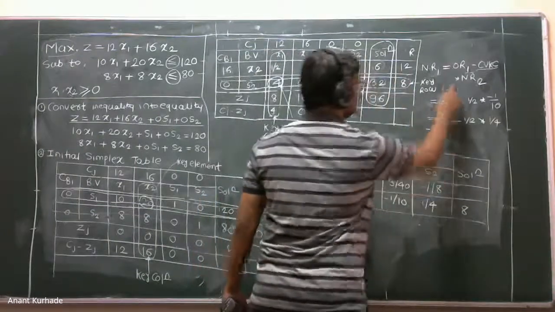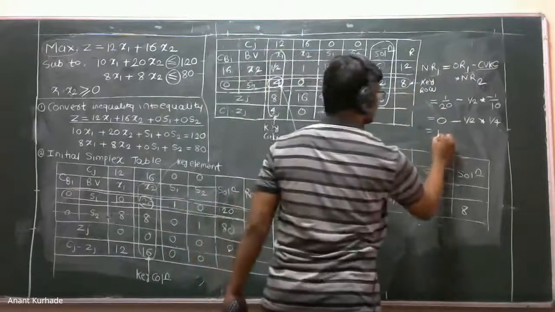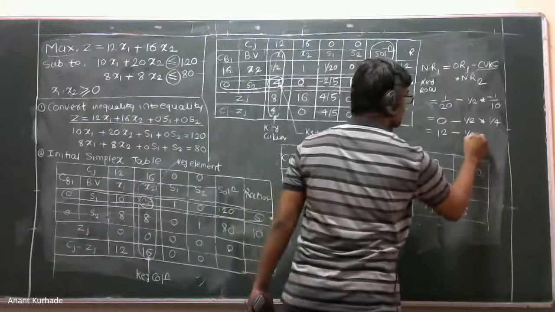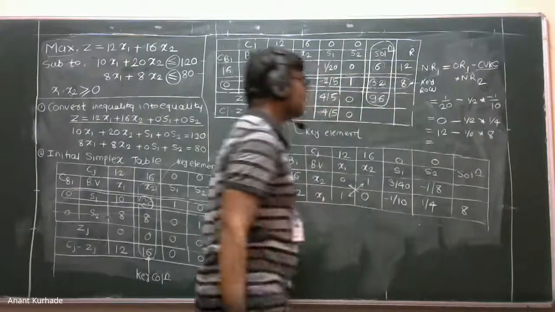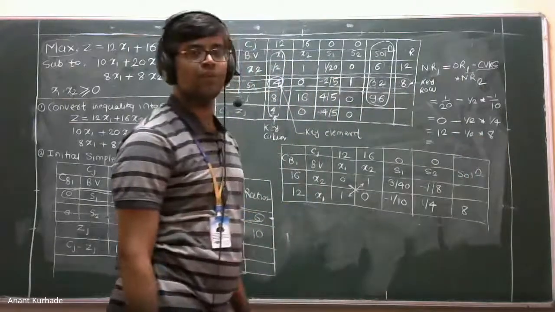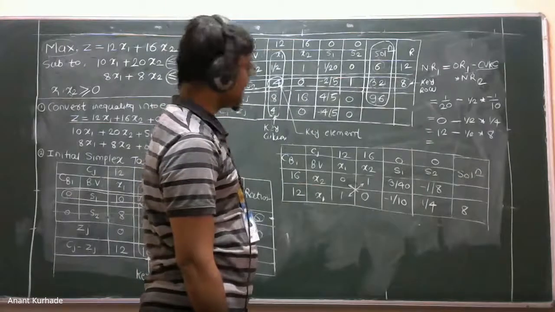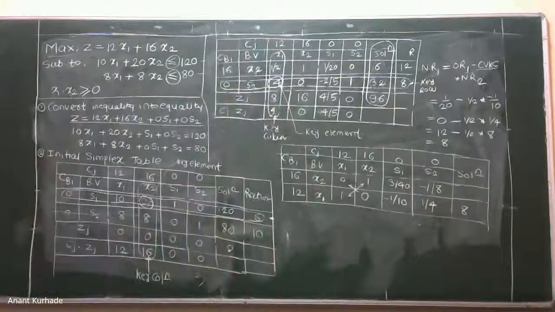Old value of R1 is 12. 12 minus corresponding value 1 upon 2 into new value 8. What we have? 12 minus 1 upon 2 into 8. It is 8. Yes. We'll check the answer. That is our final answer.